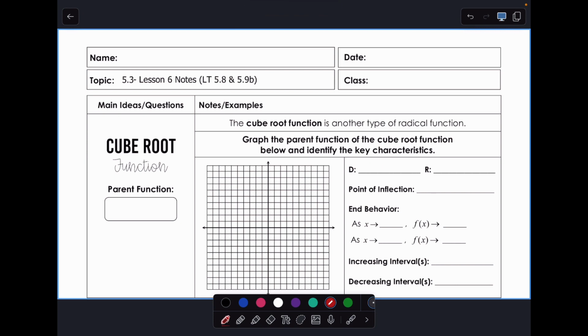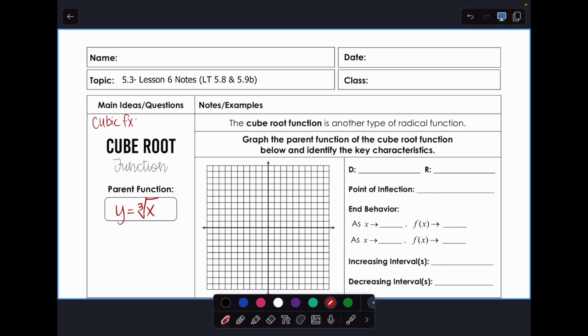Okay, cube roots. The parent function for the cube root function is y equals cube root of x. I need you to try something though. On your calculator, I'd like you to put in x to the third power first. So that would be the cubic function.